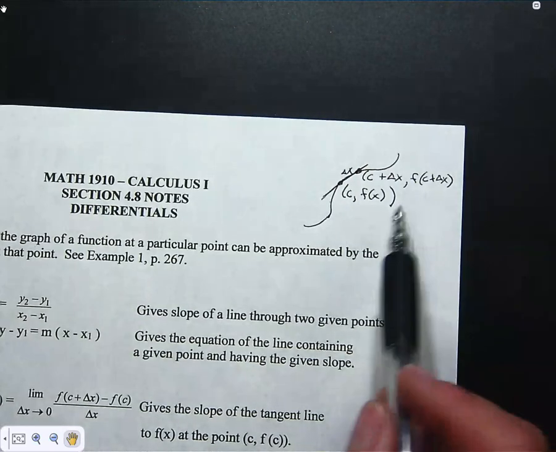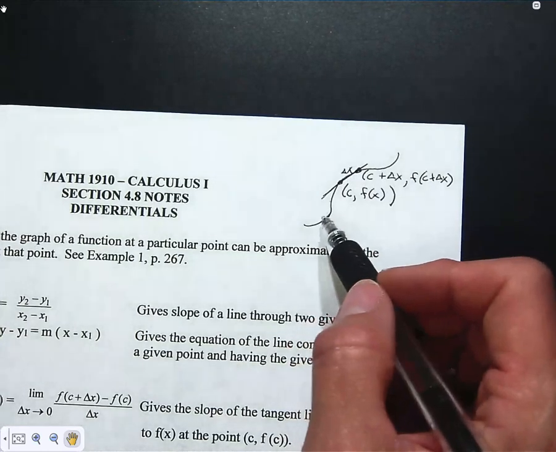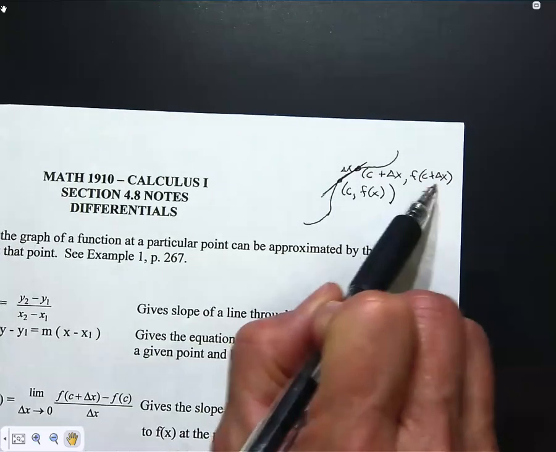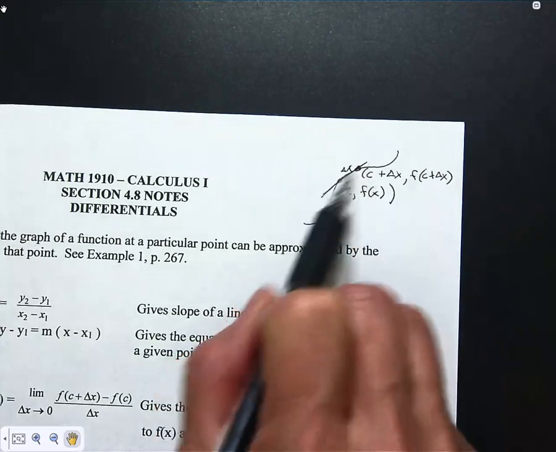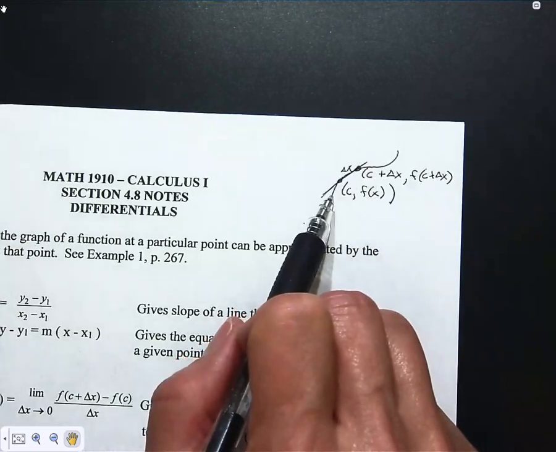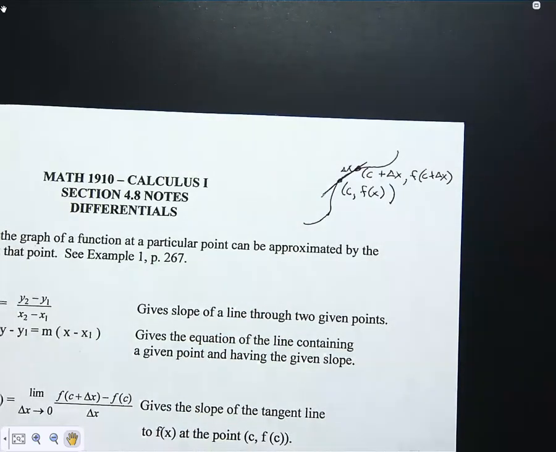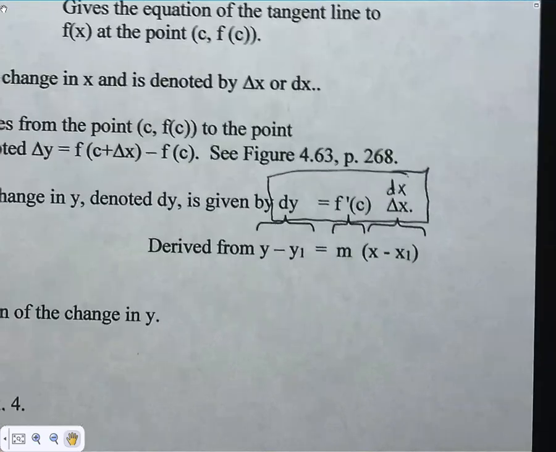So I would differentiate the function. That would give me the slope of the tangent line. And then I would use point slope form, y minus y1 equals m, the slope of the tangent line, which came from the derivative, times x minus x1, and that would approximate my change in y.